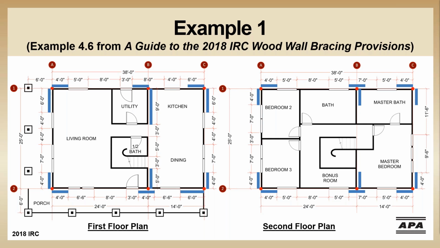If we do that, our overall wind design is going to look like this. So we've got the first floor plan over here and the second floor plan over here. As a comparison, this is what it would look like if we had gone with only 2 braced wall lines in each direction. Now, braced wall line A and C would have each required 11.2 foot of WSP bracing at the lower story and 5.5 feet at the upper story.